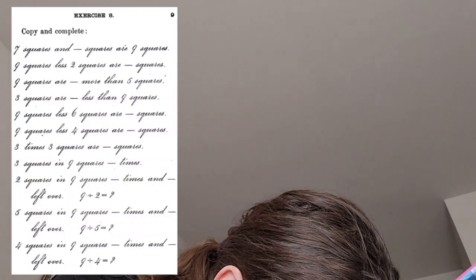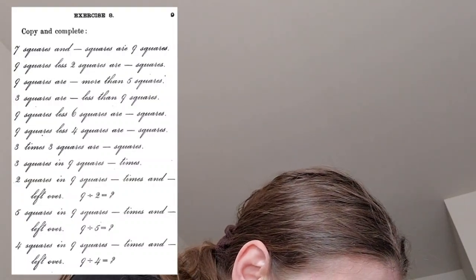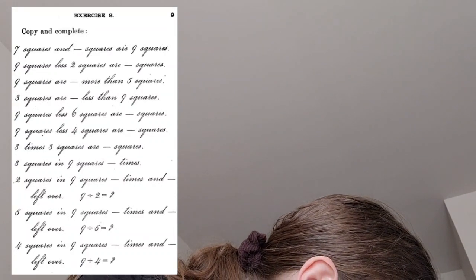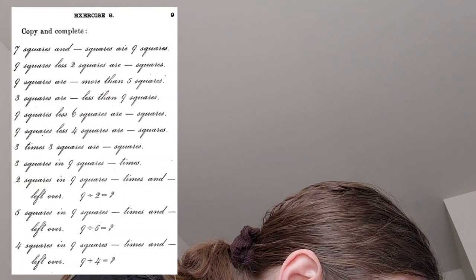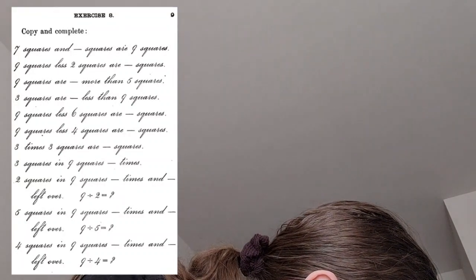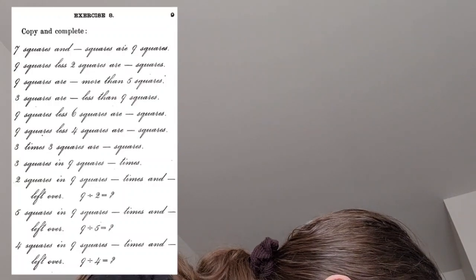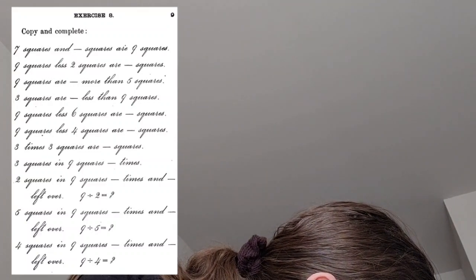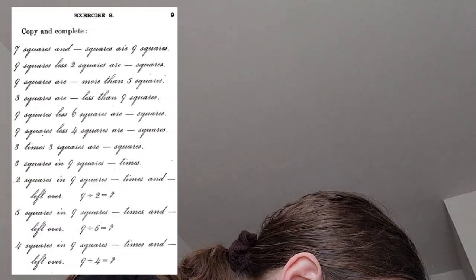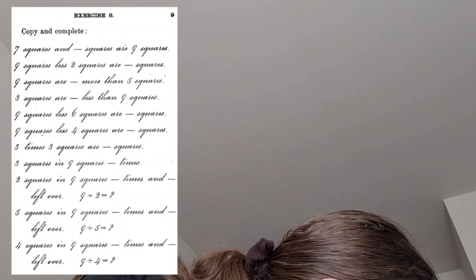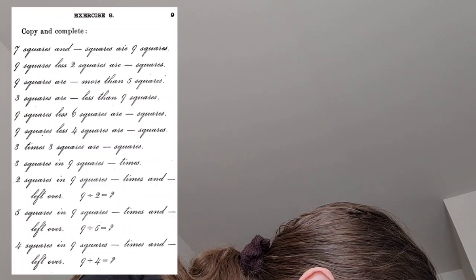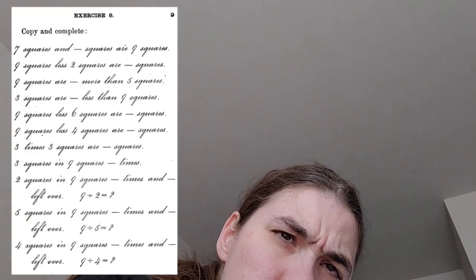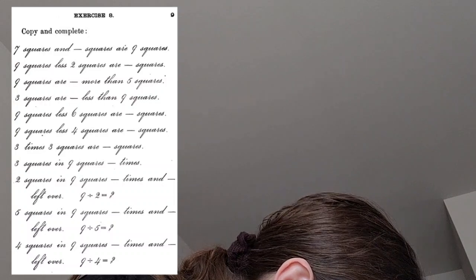This one is another copy and complete exercise. 7 squares and blank squares are 9 squares. 7 squares and 2 squares are 9 squares. 9 squares and 2 squares are blank squares. 9 squares less 2 squares are 7 squares. 9 squares are blank more than 5 squares. 9 squares are 4 more than 5 squares.